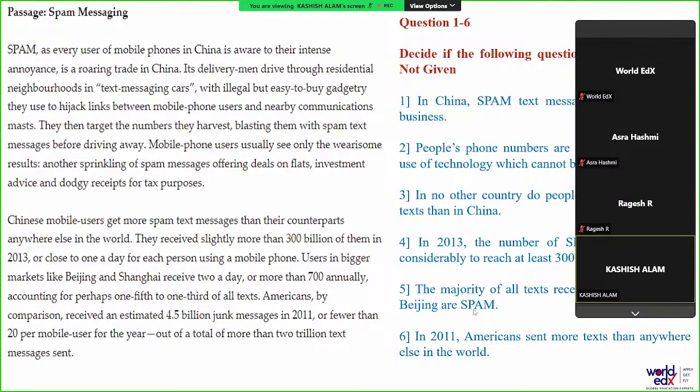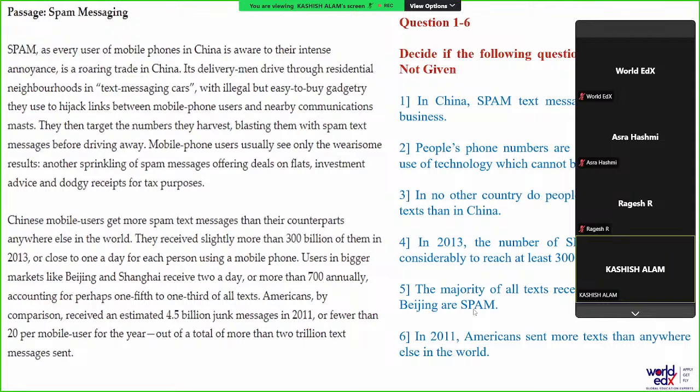Can anyone tell me the answer for the sixth question? So what is the sixth question exactly saying? In 2011, Americans sent more text than anywhere else in the world. What exactly I have to verify?